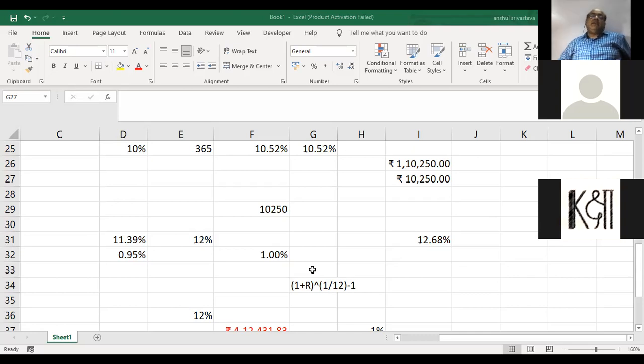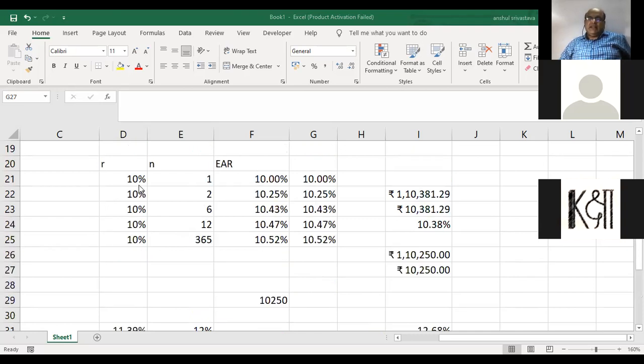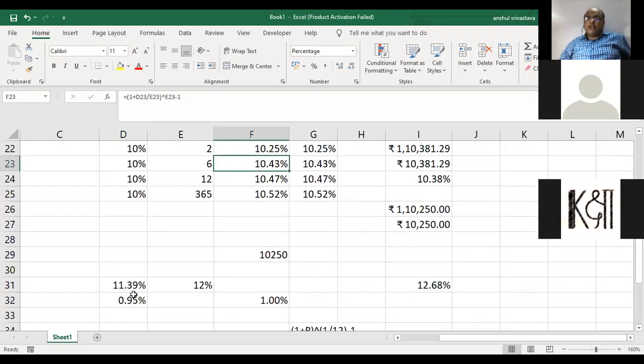Return is 12% annual, but the corresponding nominal rate is 11.39%. Your effective rate is 12% only. In this case, 10% is your nominal rate, but the effective rate is 10.25%. Here 10%, 10.43%. In this case, nominal is 11.39 and effective is 12%.